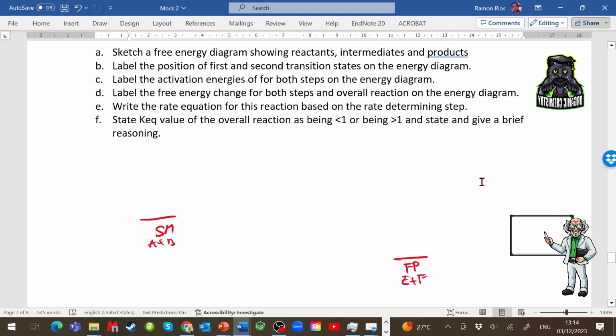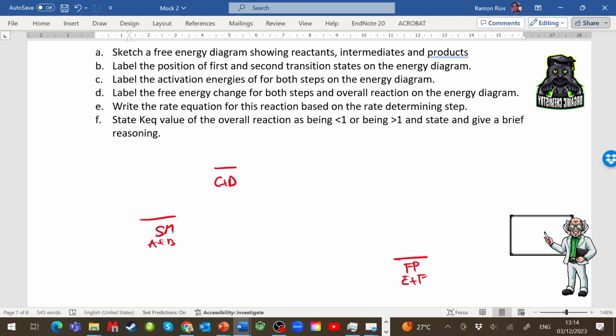That means C plus D has to be higher in energy than A plus B, and the second will be exergonic.